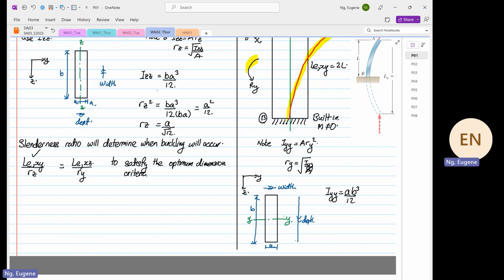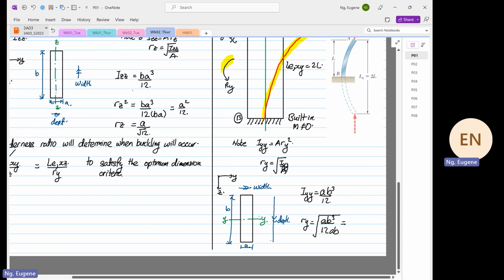Now if we were to calculate RY, RY is equal to the square root of IYY, which is AB cubed over 12, divided by the cross-sectional area, which is AB. So this will be equal to the square root of B squared over 12, or B over square root 12.